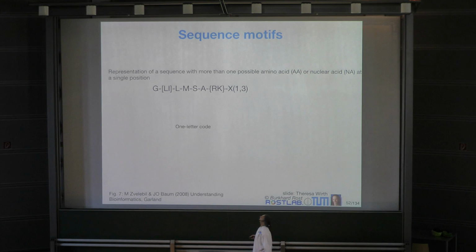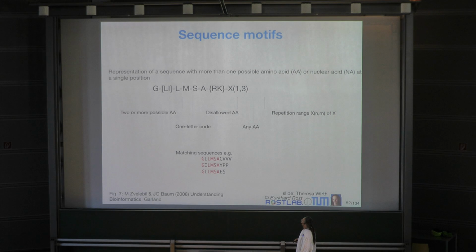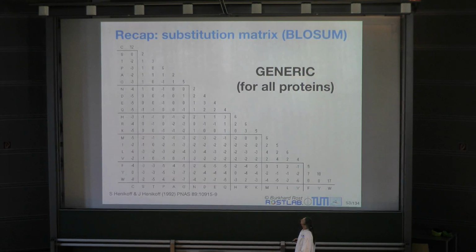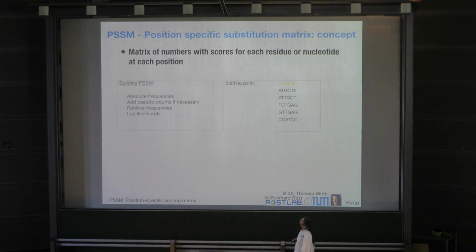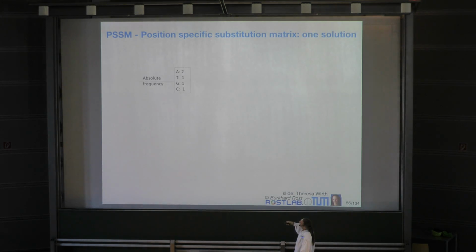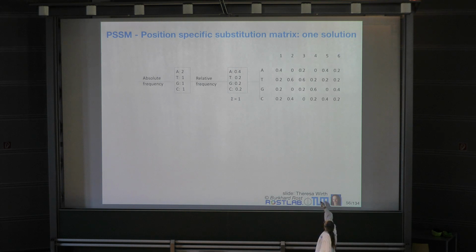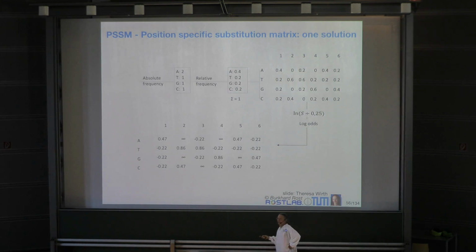Ultimately there's the 1-letter code, there's any amino acid disallowed, and so on. This is just a regular expression. And I can take the regular expression and turn it into a count. With the observation, looking at the absolute frequency, getting a relative frequency, transferring that into probability, and going from the probability to log-odds ratio, where I need pseudo-counts.